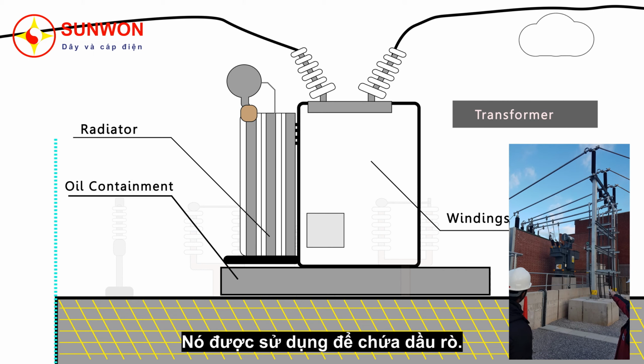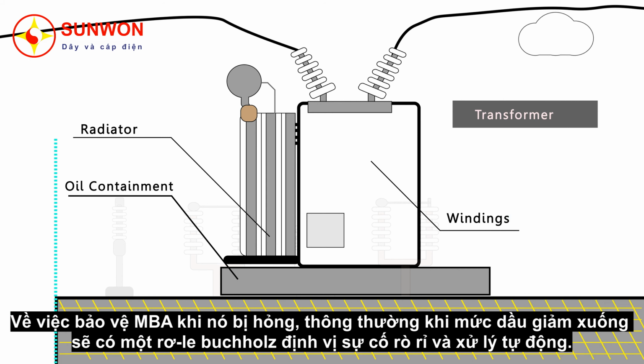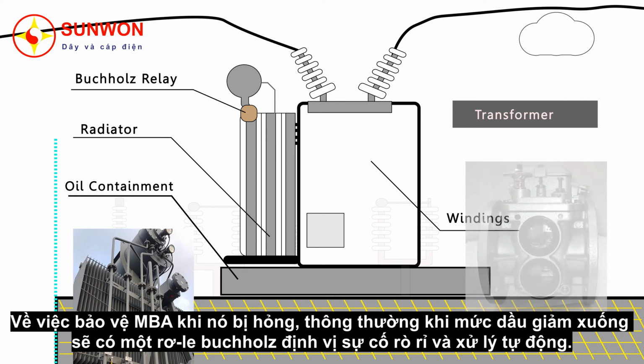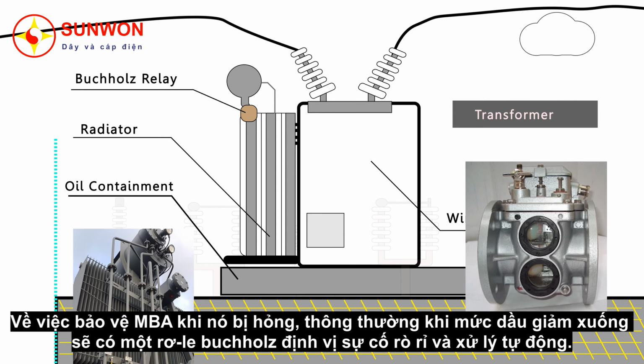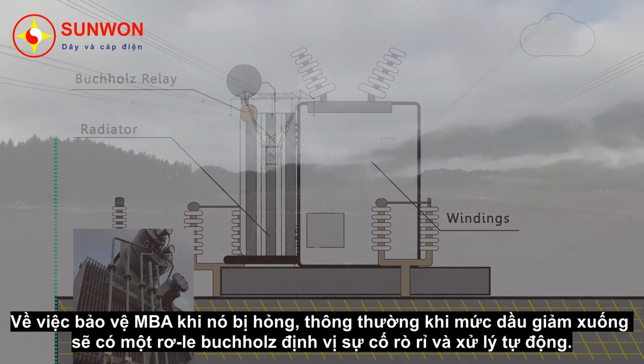They're used to contain any leak of oil. Now, on the protection of the transformer, when the transformer fails, normally you get a reaction in the oil which causes the level of the oil to fall. So a Buchholz relay is a very cheap and effective way to monitor this and to detect a transformer failure. You'll always see a Buchholz relay on a transformer. It's just a way to detect failure in a transformer in an automated way.